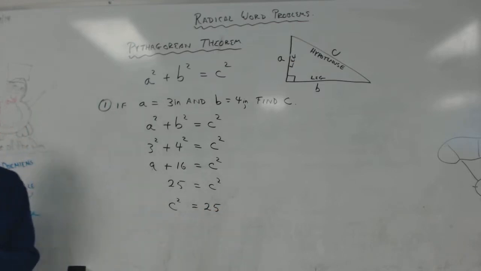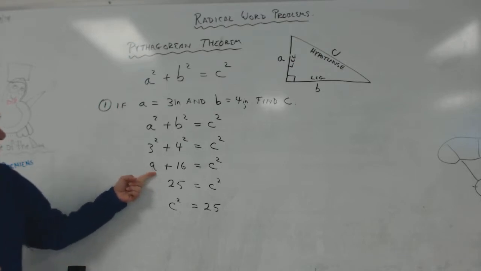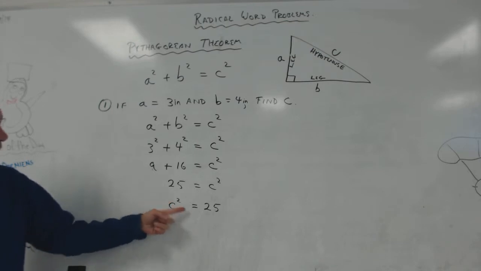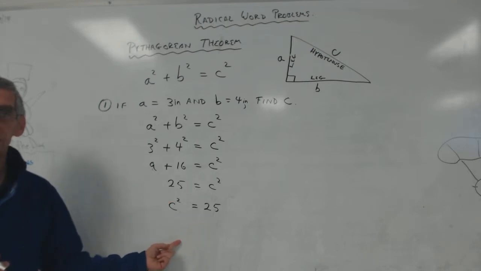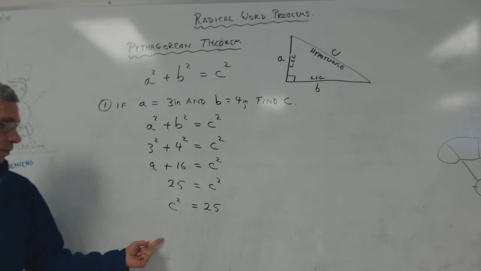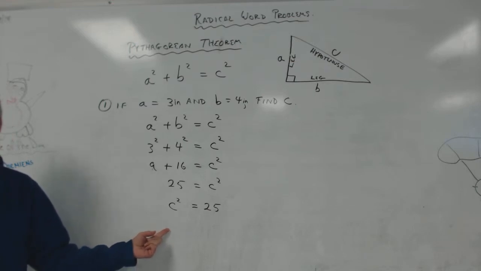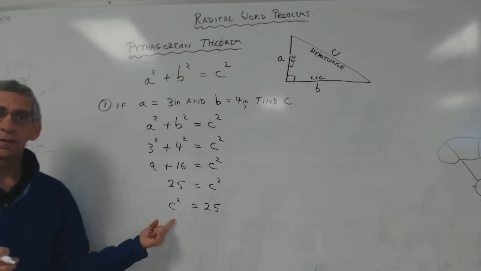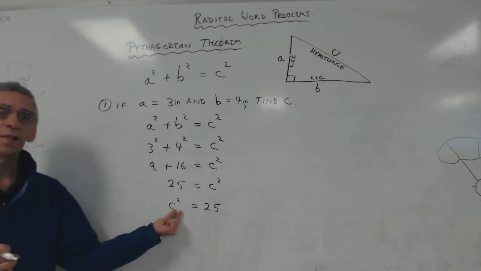So how would I find c? Add 9 and 16, which I did, so I've got c squared is equal to 25. I want to find c. What's the opposite of a square?